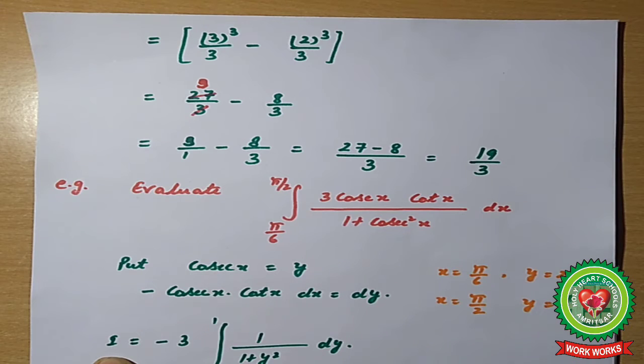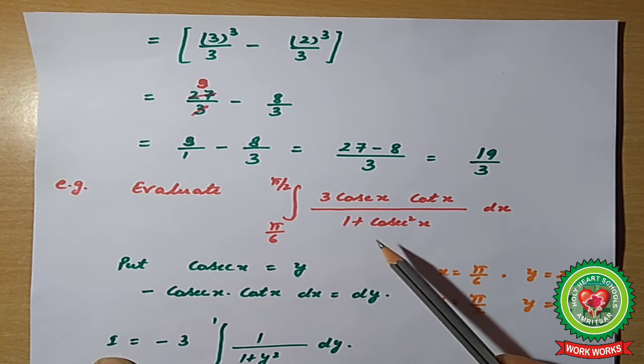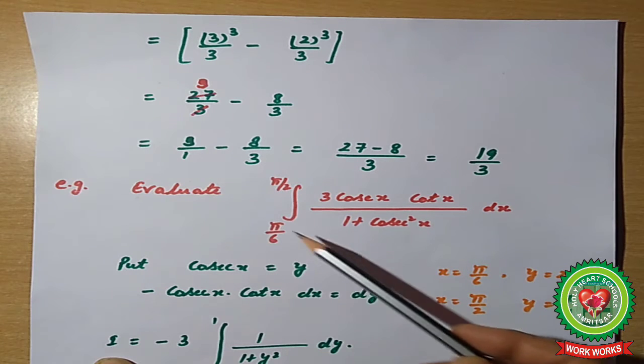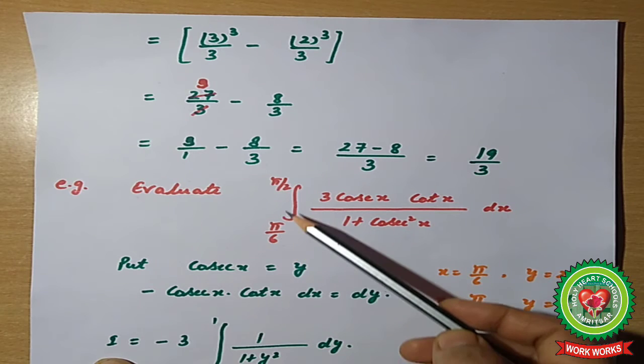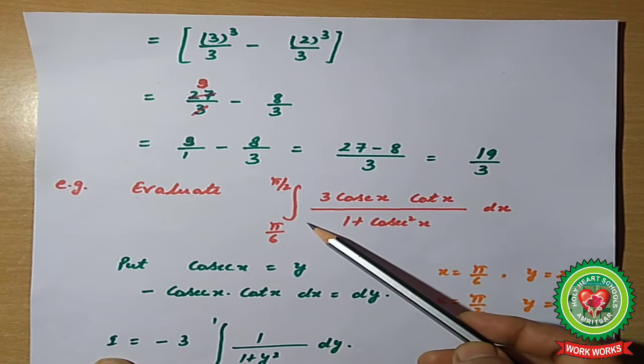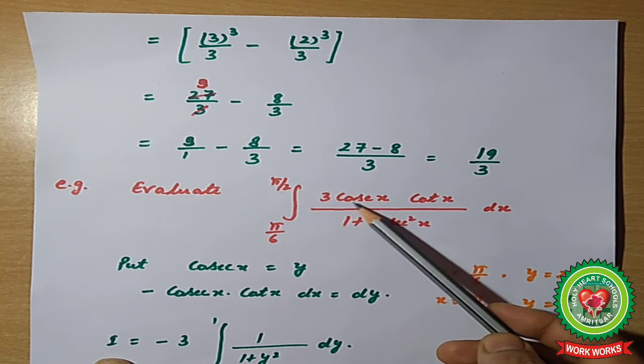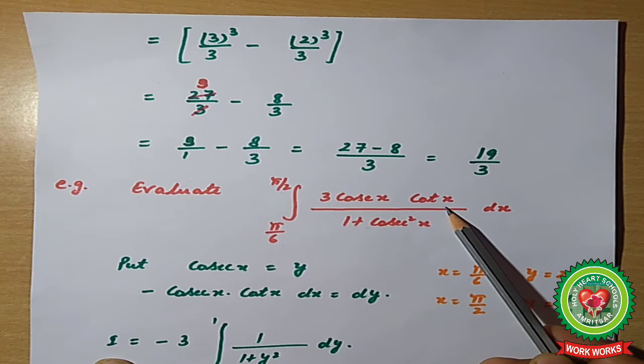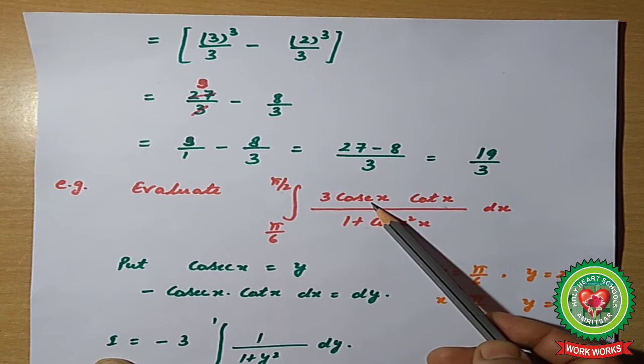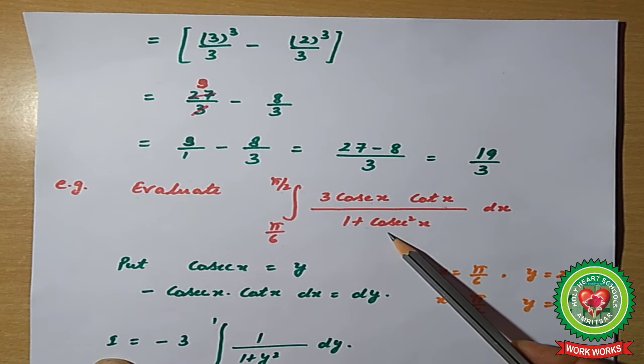Now I am taking one more example related to trigonometric ratios. Evaluate from pi by 6 to pi by 2 the integral of the fraction 3 cosecant x cot x. Now, first of all, we will check whether the numerator is the differentiation of the denominator.